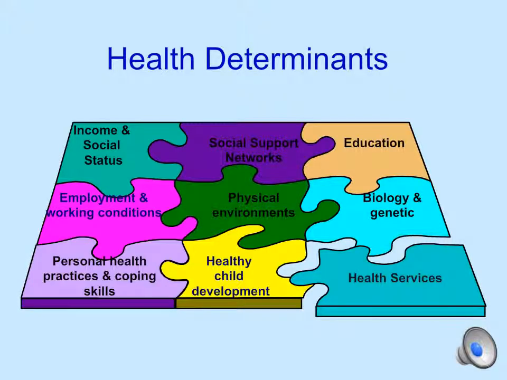And in fact, the health determinants are probably more strictly related to environmental conditions than individual conditions. If you look at this puzzle of health determinants, income and social status, social support networks, education, physical environments, health services, etc., biology and genetics are actually just one piece of that large puzzle of health determinants.